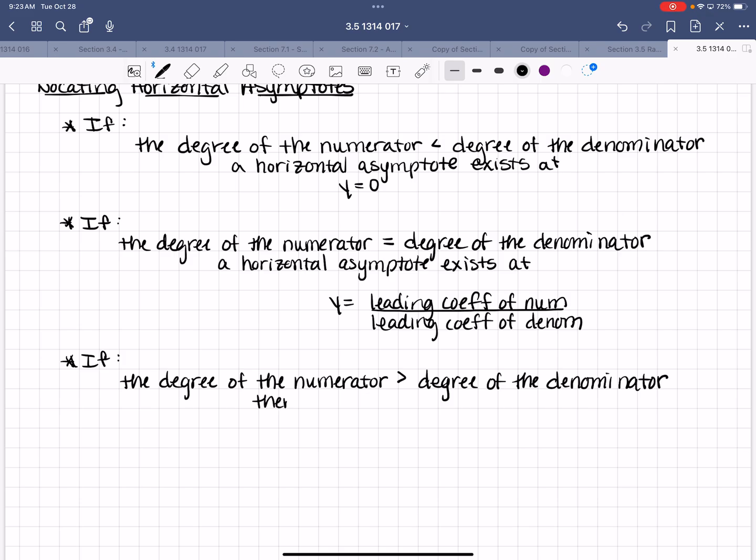Then there is no horizontal asymptote. A slant can occur, but we talk about that in a minute.